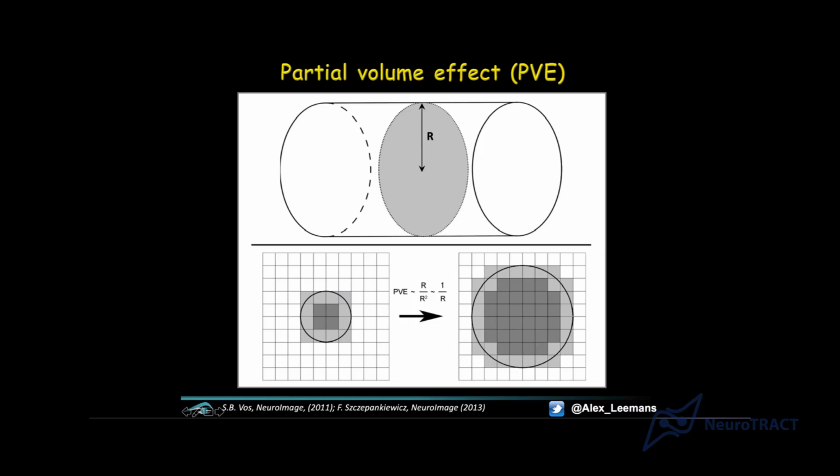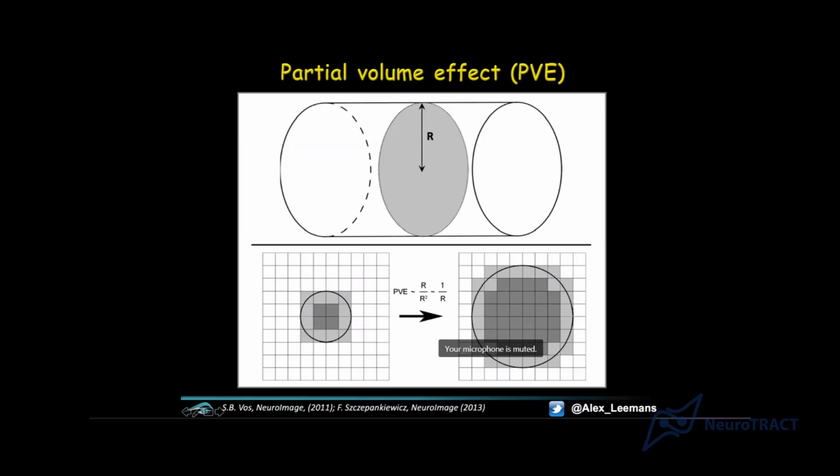On the left, you see a cross-section of a small fiber bundle, and on the right, there's a big fiber bundle. In light gray, I'm showing you voxels where there's a clear partial volume effect between two tissue types. Let's call them CSF and white matter. Let's focus on the small bundle, for instance. It's adjacent to CSF.